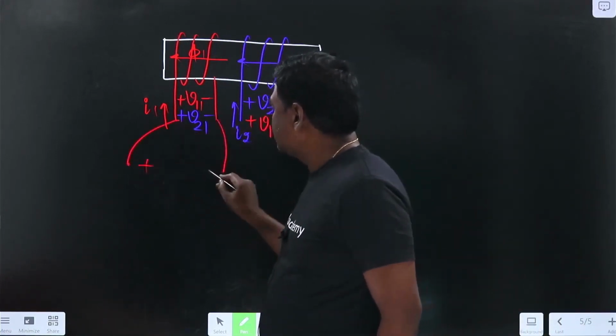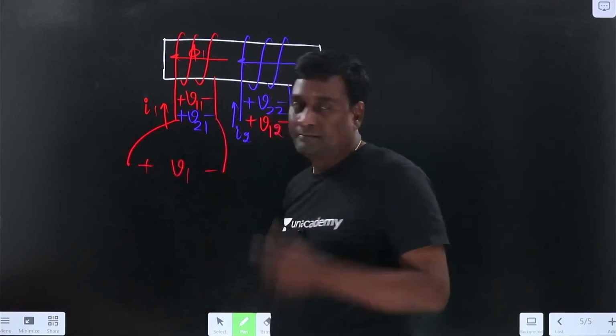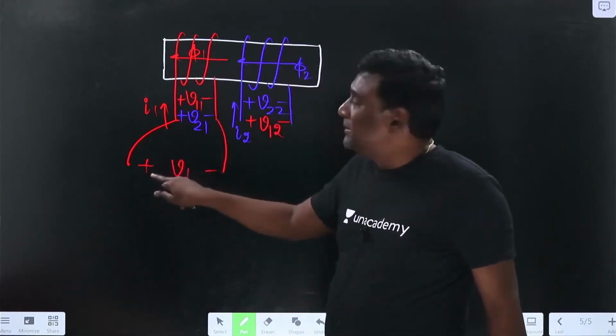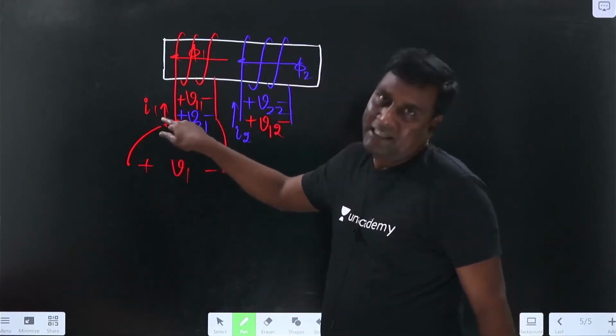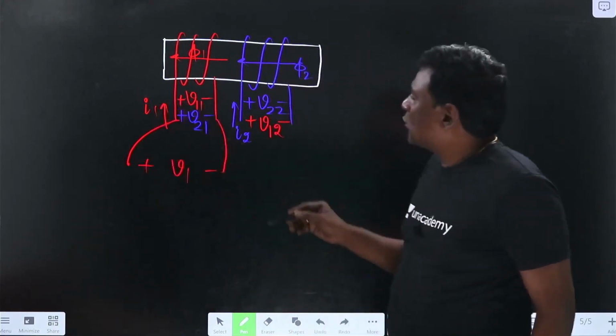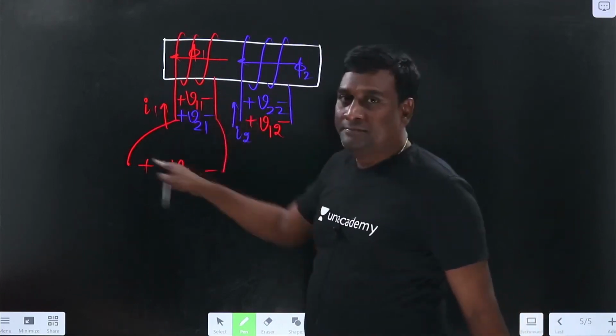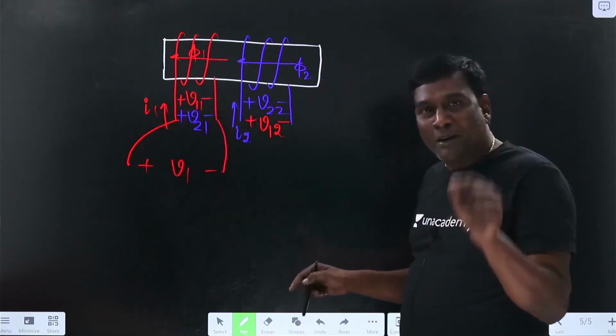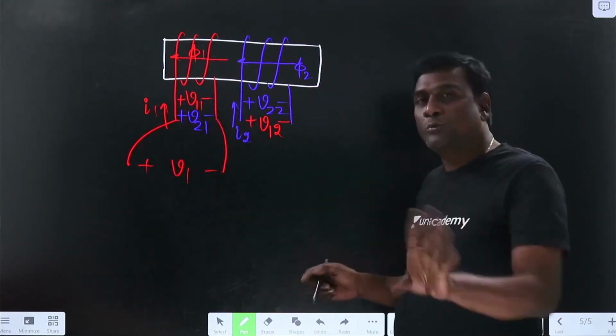Total voltage here, V1. Total voltage V1 means this particular positive negative will be decided by direction of current here, passive sign convention. Now what is total V1? Apply KVL. I already told you previously, whenever you touch minus, use minus, whenever you touch plus, use plus.